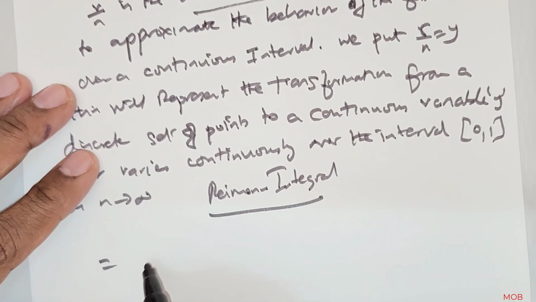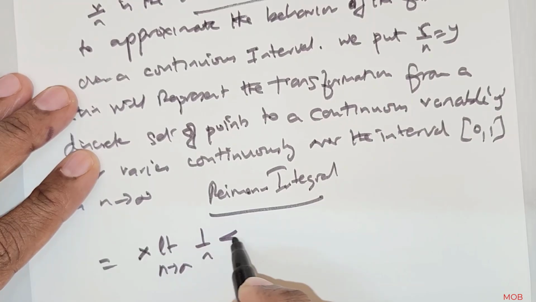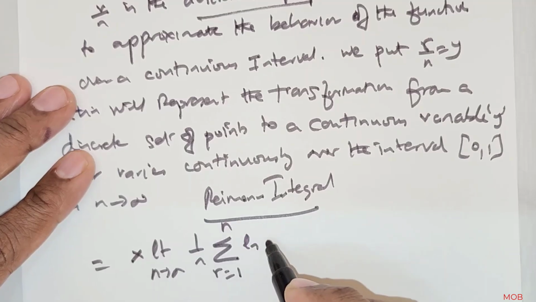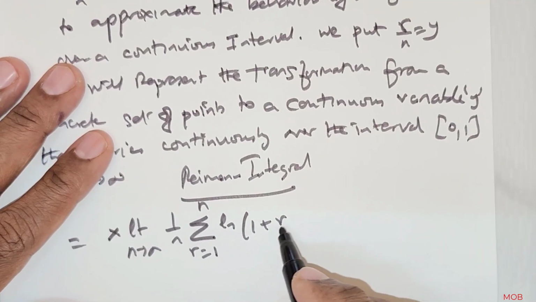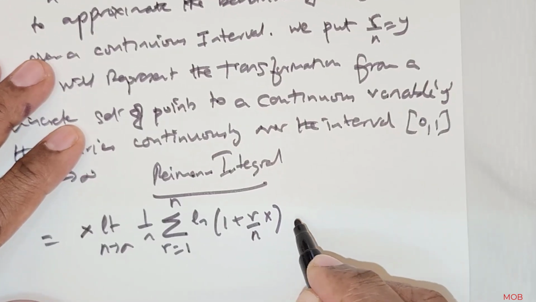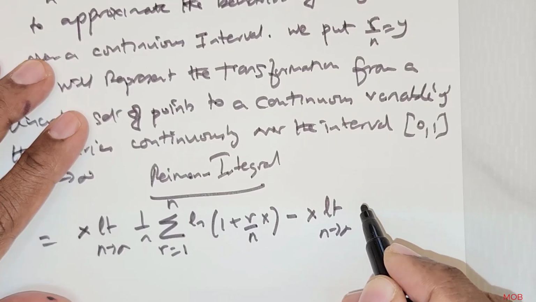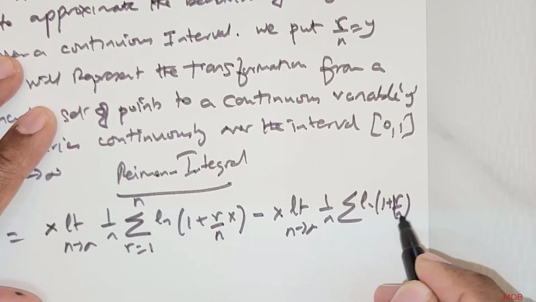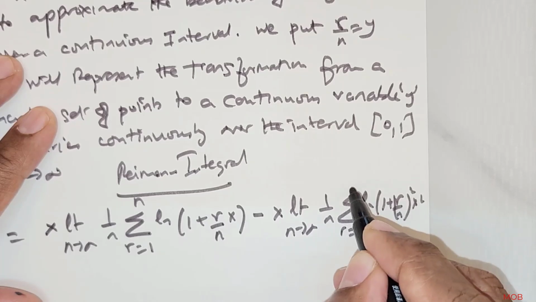So x over n, I'm going to write it like this: x times the limit n tends to infinity of 1 over n sigma r equal to 1 to n ln of 1 plus, now r over n, when we place the integral, we will have to replace it with y. So r over n times x, followed by negative x, limit n tends to infinity of 1 over n sigma ln of 1 plus (r over n) squared times x squared, r equal to 1 to n.